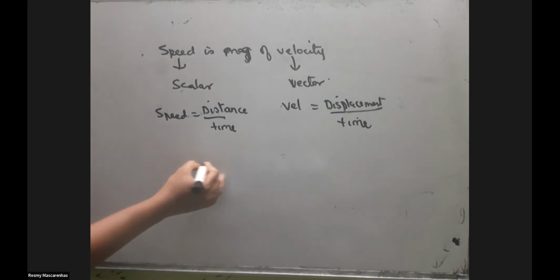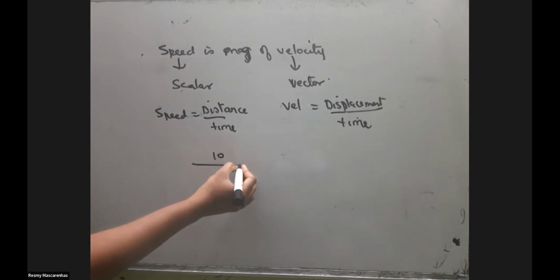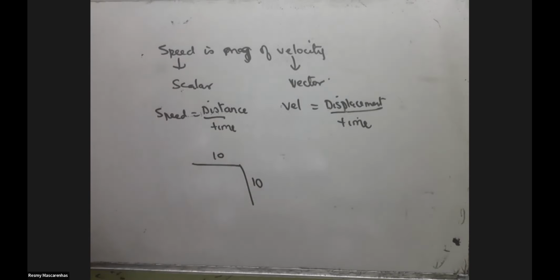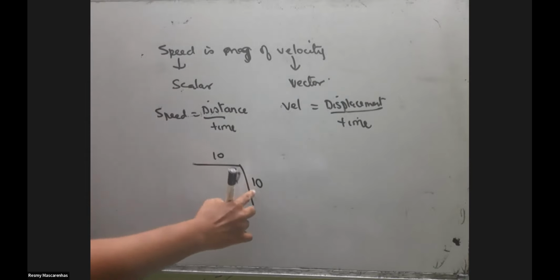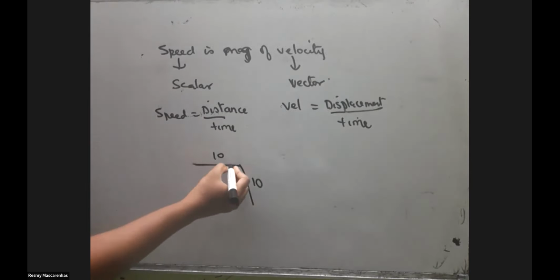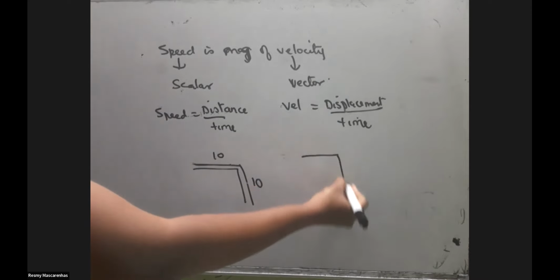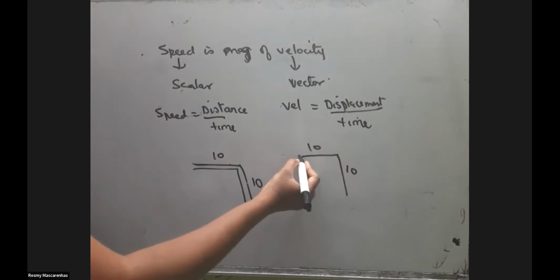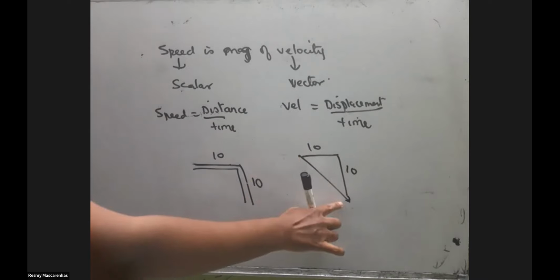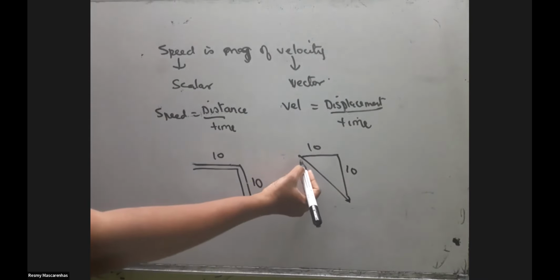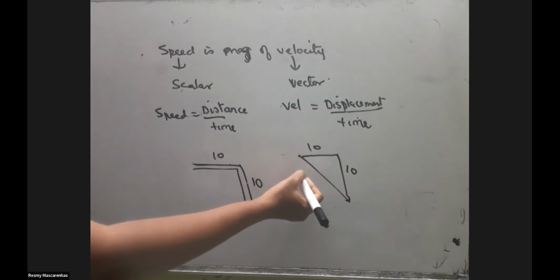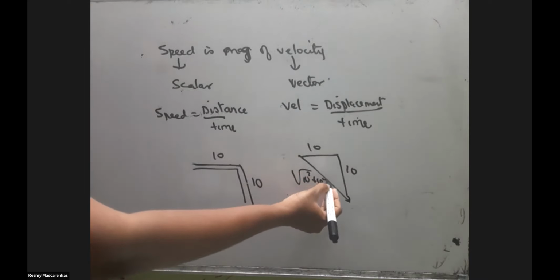If a person is moving 10 this side, 10 here, the distance covered is straight away 20. This is the total distance. But if you want to calculate displacement, it is the shortest distance between the first and the final point, so displacement would be root of 10 square plus 10 square.